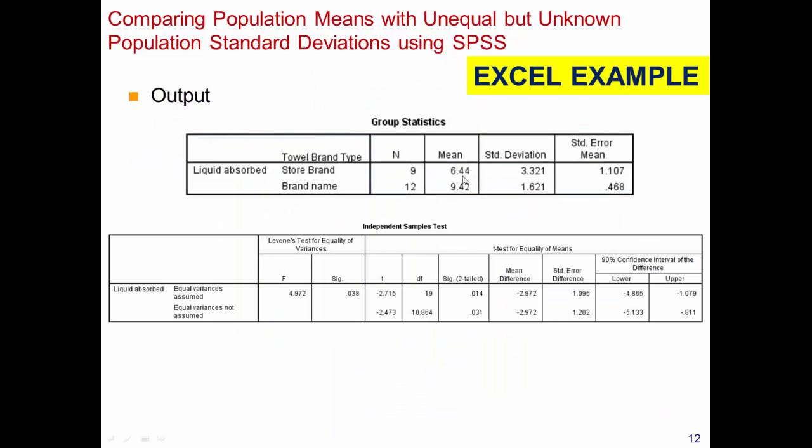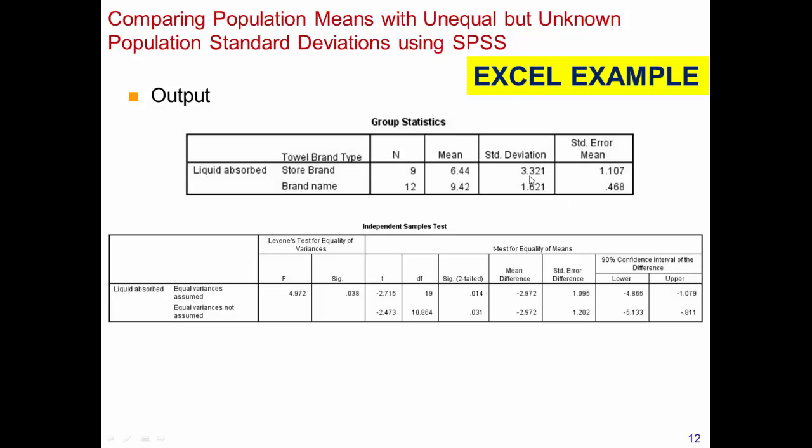This is the mean of our observations for the store brand paper towels and the standard deviation of our store brand paper towels. Now the difference here is the standard error, and this is somewhat new. We have seen standard error before, but this is the standard error of the mean, and that is the ratio of the standard deviation to the square root of the respective number of observations.